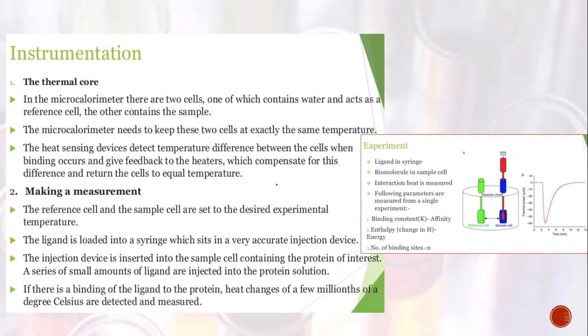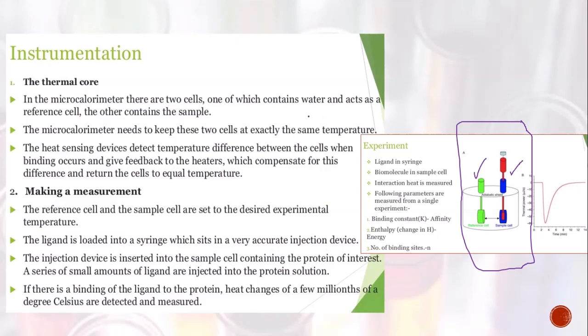So let us look at the instrumentation so that we can understand how the process of titration occurs and the measurement of the changes in heat thereof. So we have the thermocore. Essentially, you can see this diagram here. This is how the setup of the experiment looks. In the microcalorimeter, we have two cells, the green one in this case, and this one which is red blue.